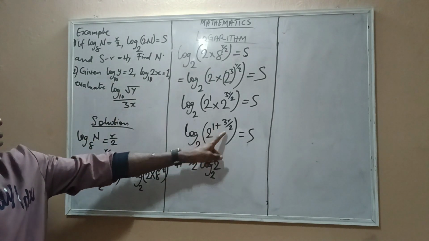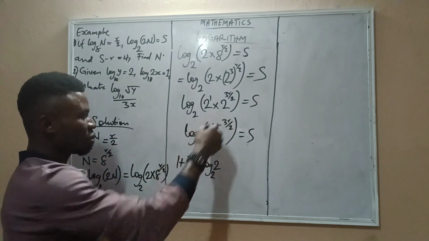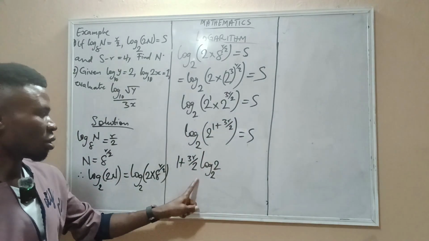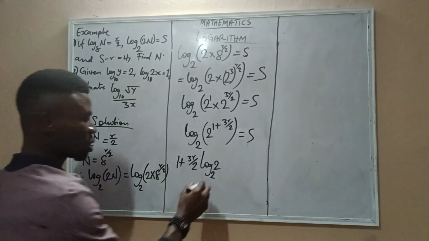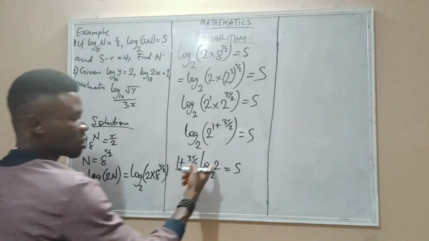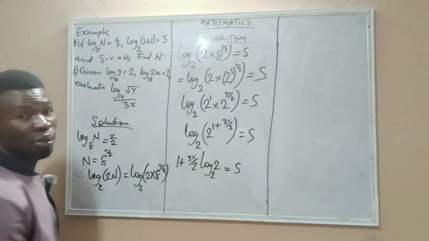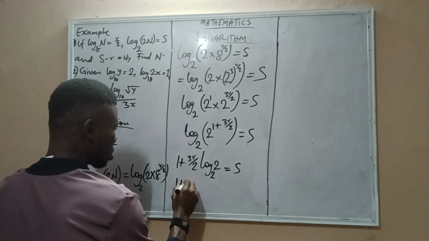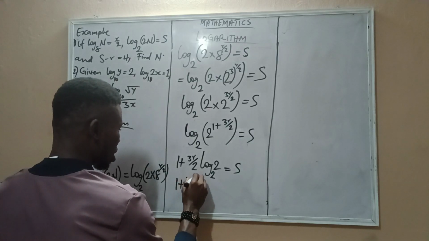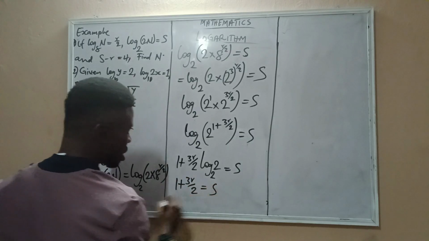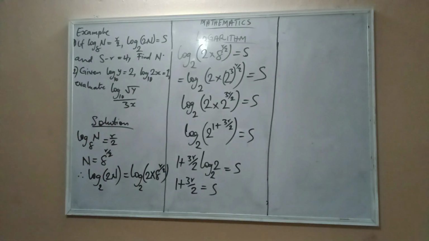We brought the whole power forward, according to the laws of logarithm. This is equal to s. And of course, log of a number to the same base is equal to 1. So we have that 1 plus 3r over 2 is equal to s.